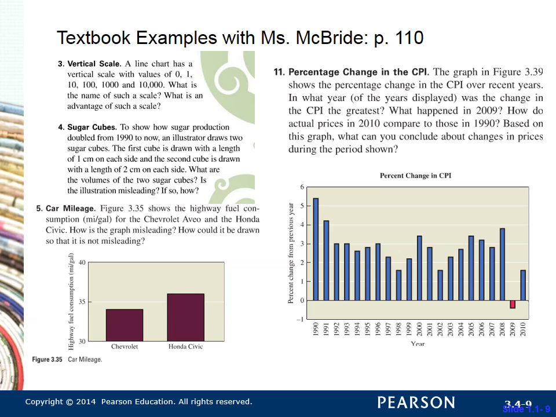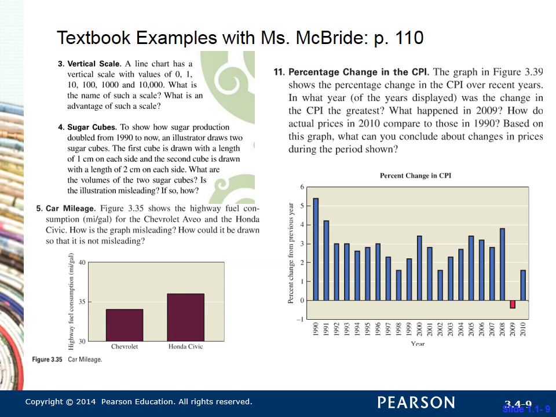That's my biggest change. What happened in 2009, here it went down into the red, so that means my percentage change actually was in the negative, which means it decreased. So the prices in 2009 were lower than those in the prior year of 2008. So my percent change went down.